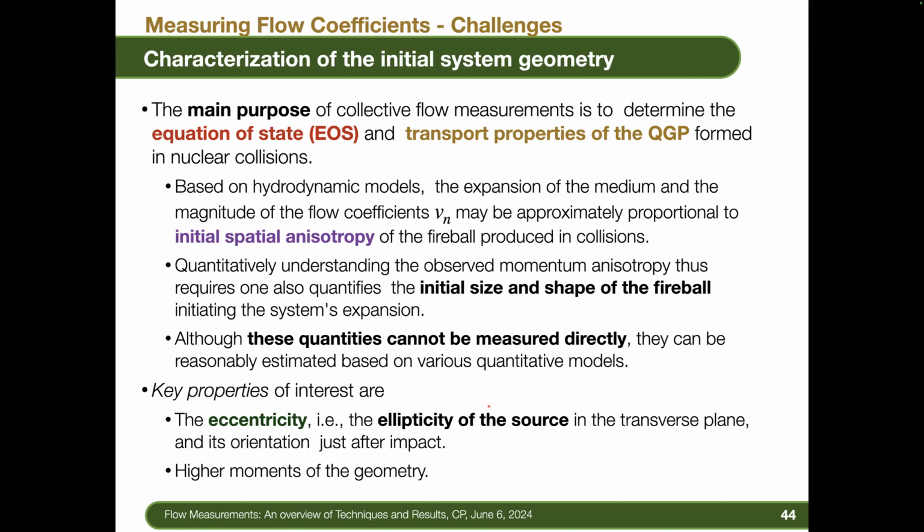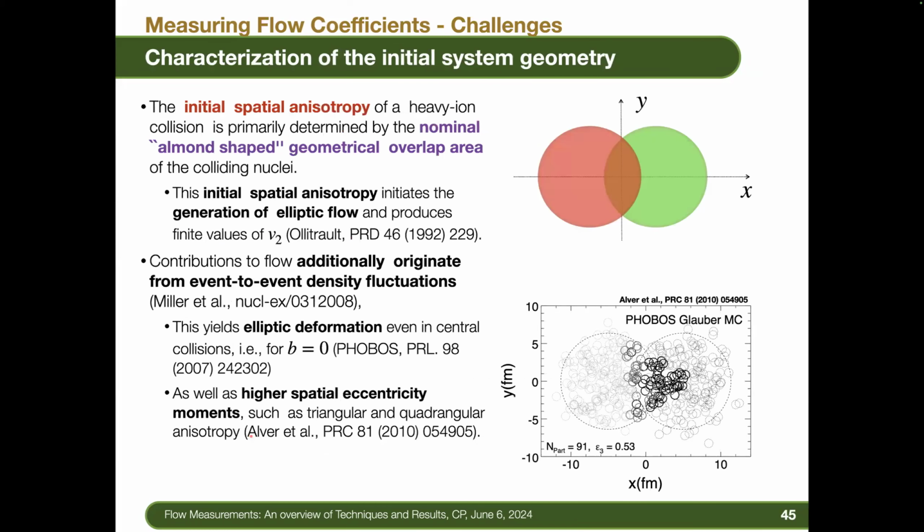And what we end up doing in practice is to use models of the geometry of the system. These models will give us what is called the eccentricity, or the spatial eccentricity, or the ellipticity of the source. This initial spatial anisotropy will depend on the elongation of the system.